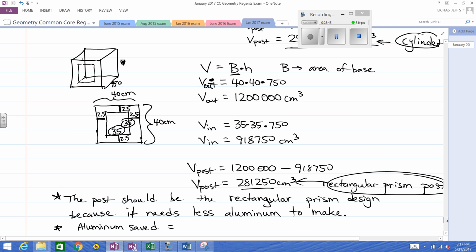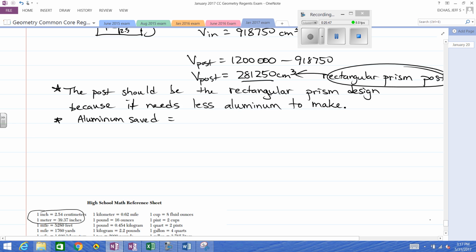Just going to subtract these: 299825 minus 281250. So we're going to save how much aluminum? Looks like 18,575 cubic centimeters. So that's how much aluminum we're going to save.